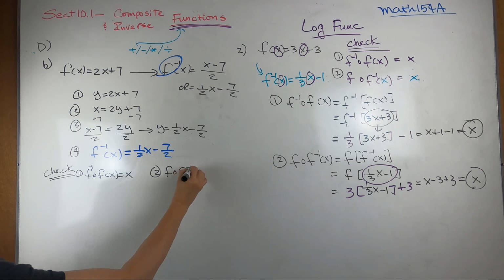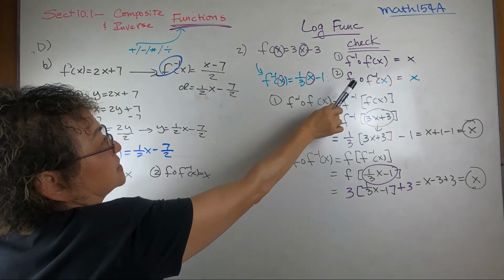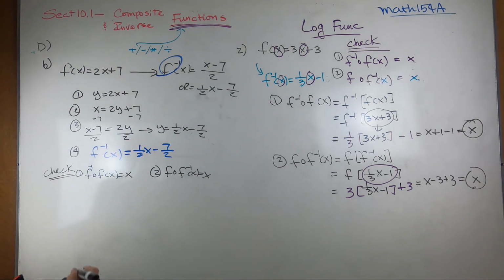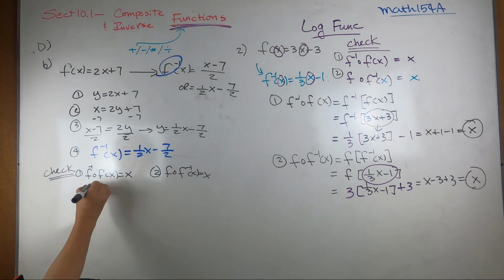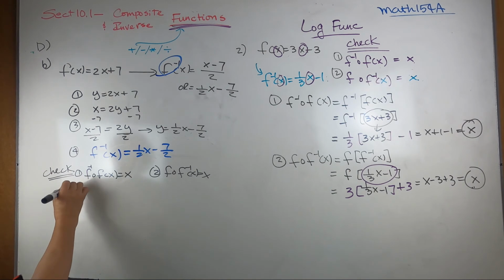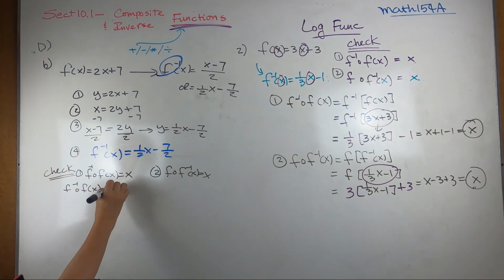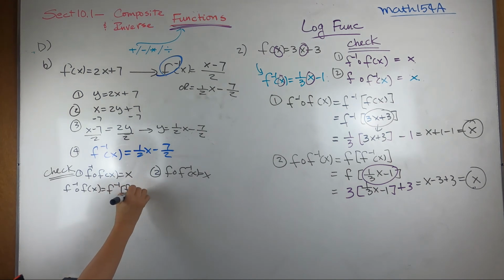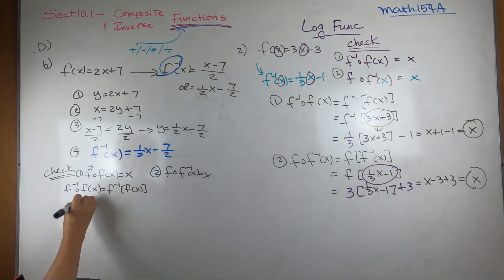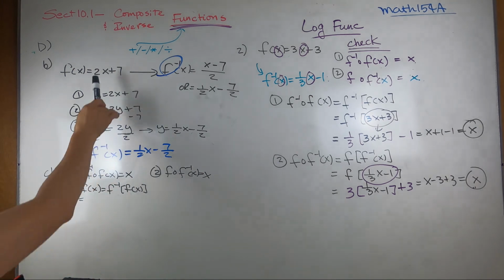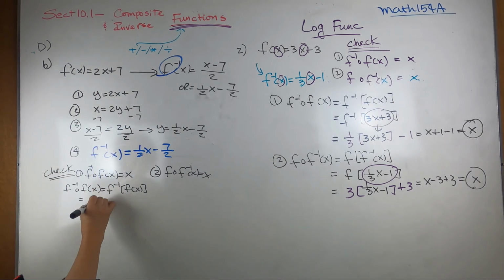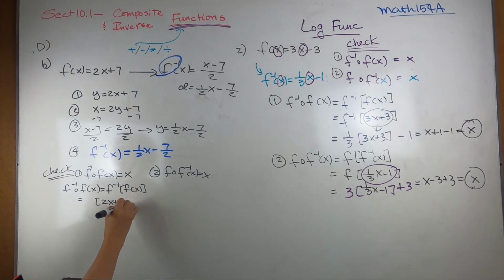F of F inverse of x equals x. You have to satisfy these two conditions. So first one, let's do that. So F inverse of f of x, you do which one first? F of x first, right? So f of x is this one. So that's 2x plus 7.